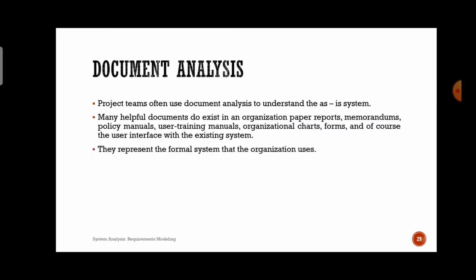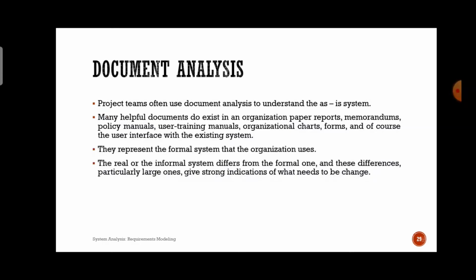They represent the formal system that the organization uses. The real or informal system differs from the formal one, and these differences, particularly large ones, give a strong indication of what needs to be changed.